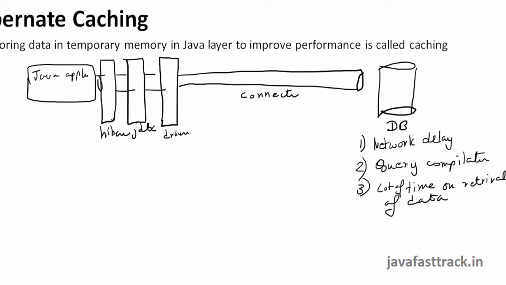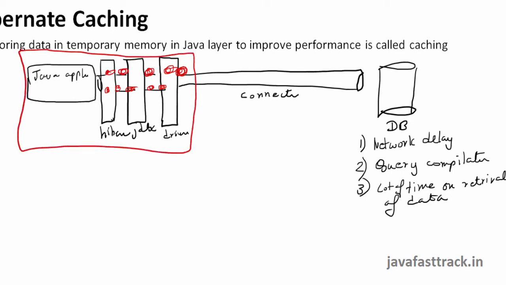Rather than going to an external database every time, once you retrieve the data from the database, the data can be temporarily held in the Java layer itself. You can just hold the data in the Java objects within the Java application. That is what we call caching.